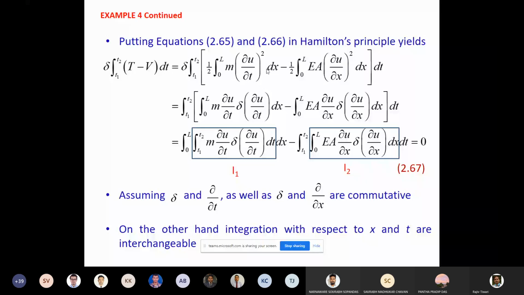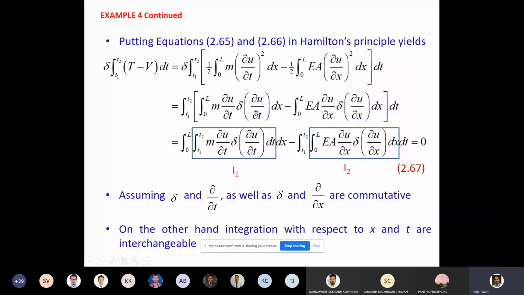Now you can see that the variation of del u by del t is there. As I mentioned, we want the variation of u only in the expression. So the differential operator and the variational operator can be interchanged.